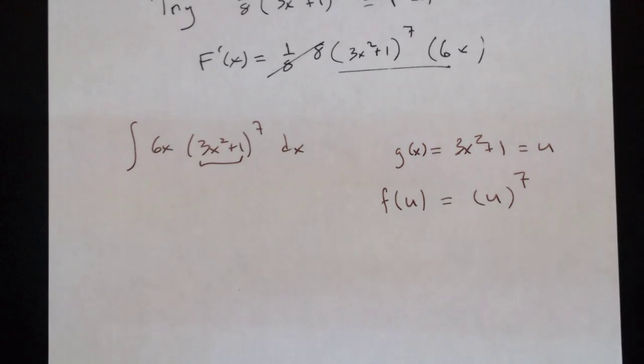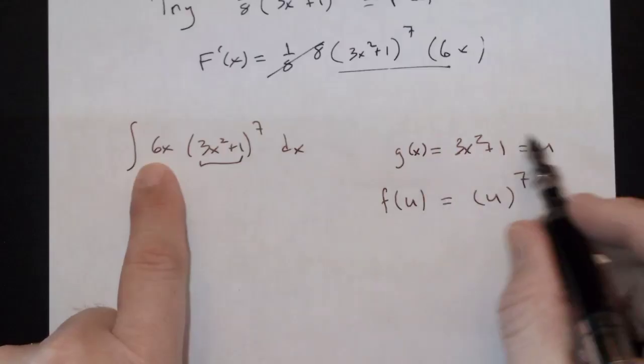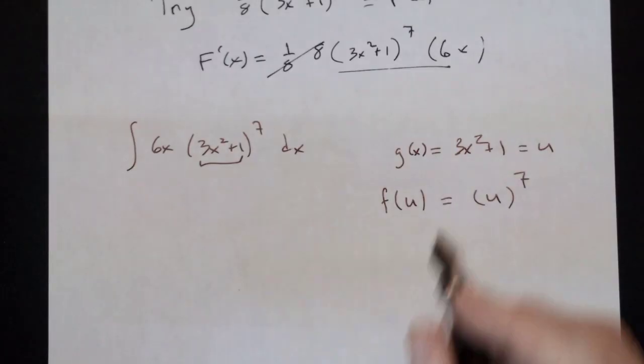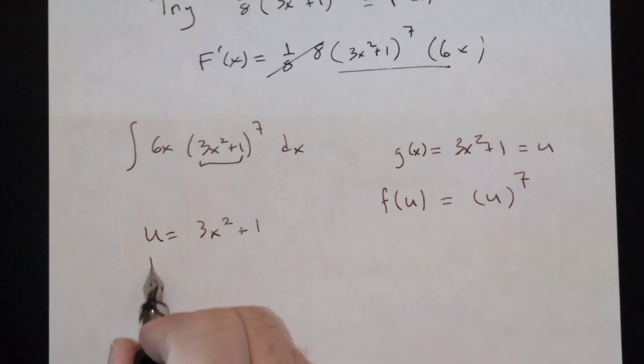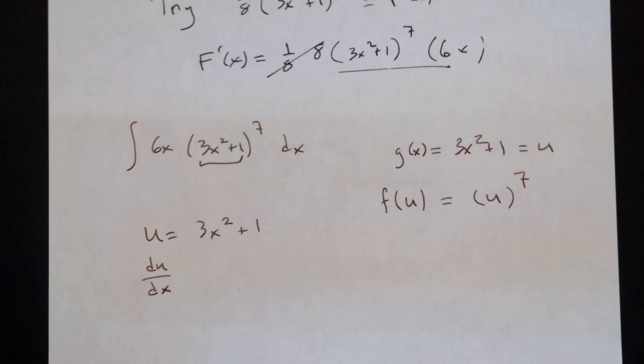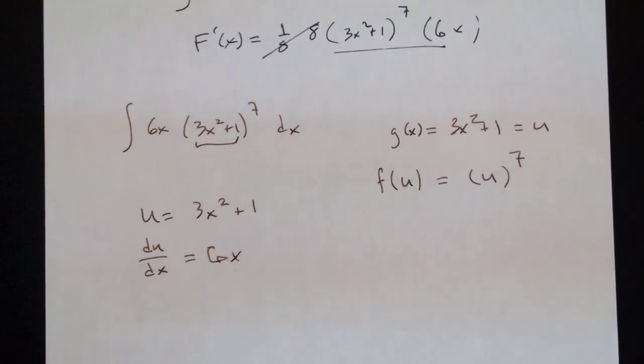I've already got an x. And then I'm saying, oh, this piece is somehow the derivative. So let's write the derivative. If u is 3x squared plus 1, then my derivative, and I'm going to use Leibniz on purpose here, I'm going to write this not as u prime, but as du dx. Derivative of 3x squared is 6x.